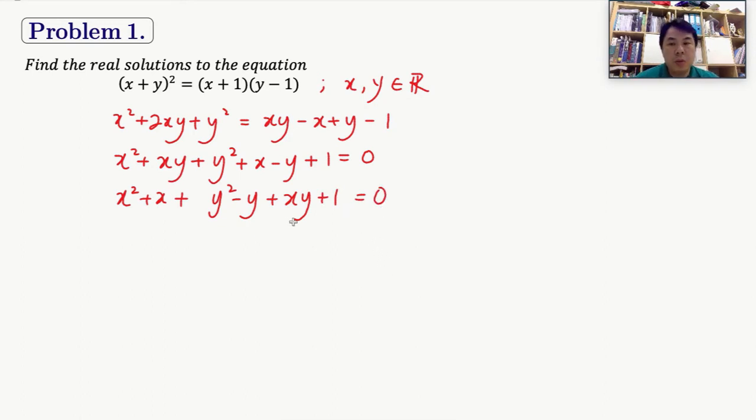Okay. Let's give it a try with completing the square in this case. All right. Now, it is kind of challenging to complete the square here because most probably you're going to get some fractions and so on. So maybe we can try something like this, for instance.